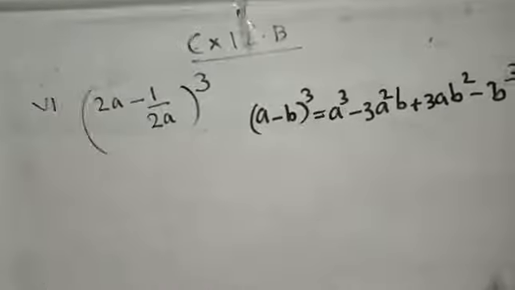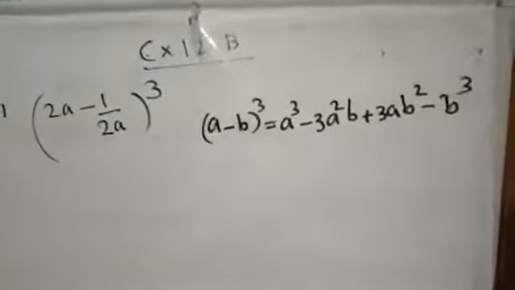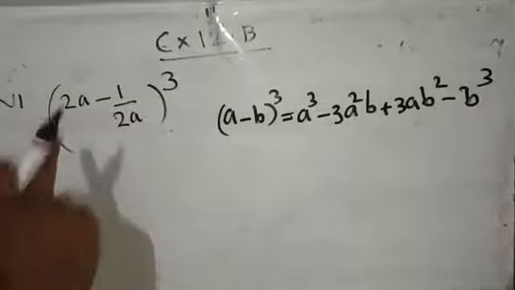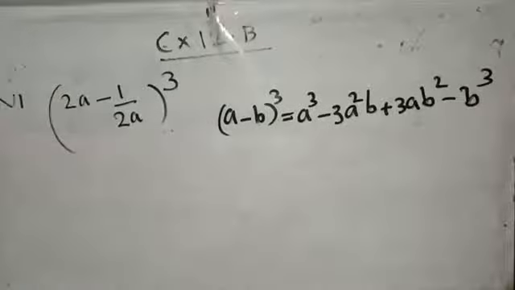This is our equation. Now you can substitute the values. What is a? A is equal to 2a. And what is b? B is equal to 1 by 2a. Clear?